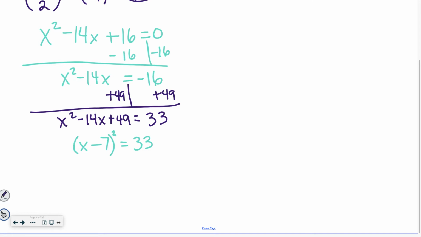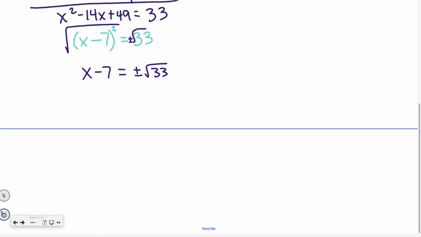Now from here, I know I can square root both sides. So I have x minus 7 equals plus or minus the square root of 33. Then all I have to do is add 7: x equals 7 plus the square root of 33, and x equals 7 minus the square root of 33.